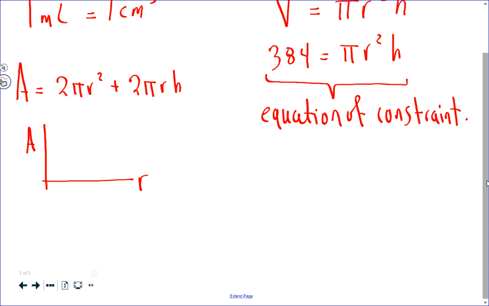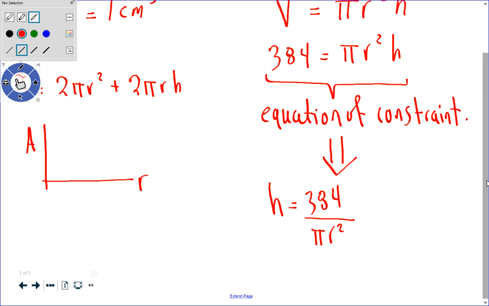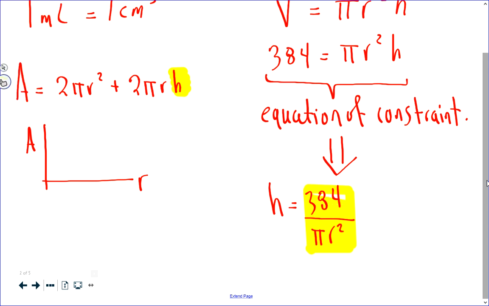And I'm going to do so by taking my equation of constraint and rearranging for h and getting h equals 384 divided by pi r squared, which means h in the equation can be replaced with 384 over pi r squared.